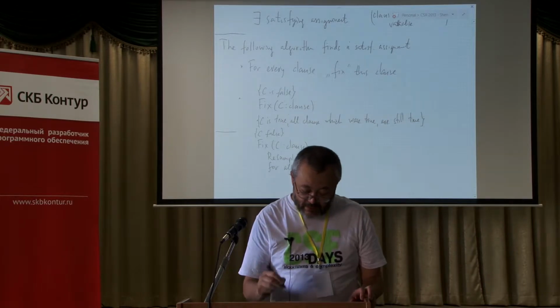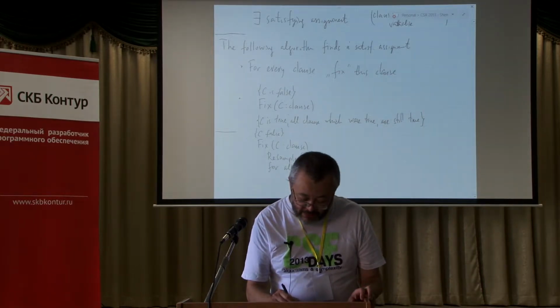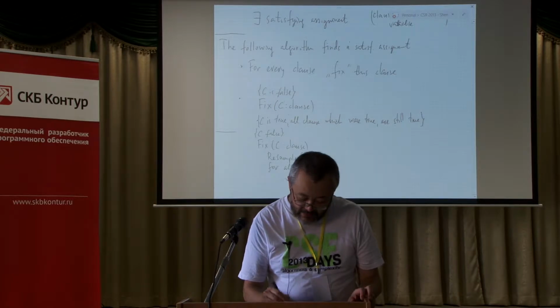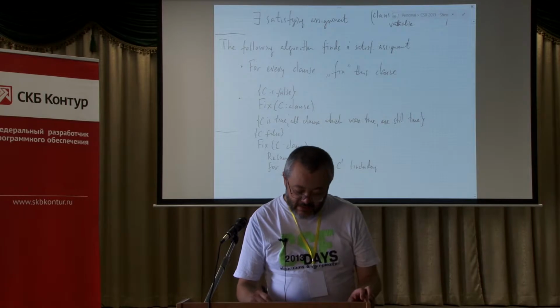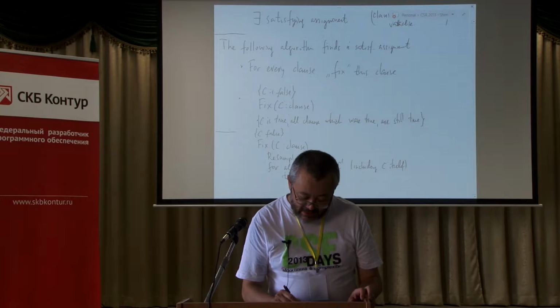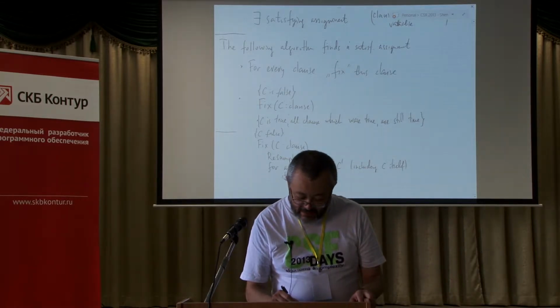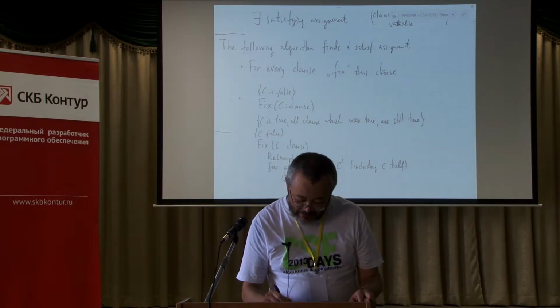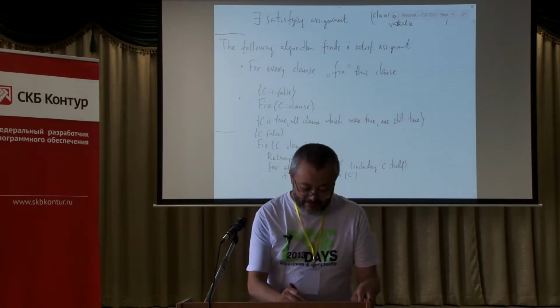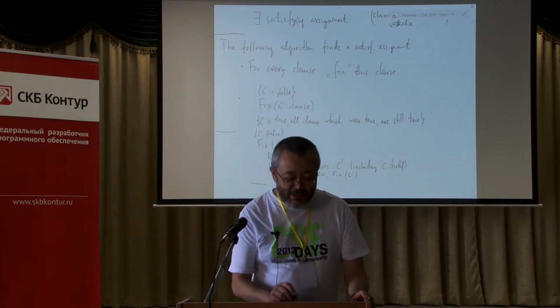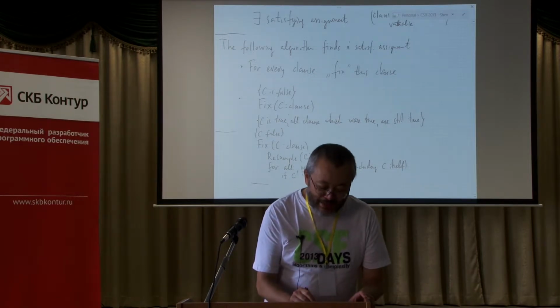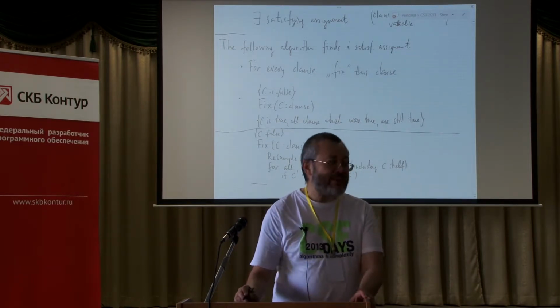So for all neighbors C prime, including C itself, if C prime is false, fix C prime. Yeah, actually, now I see that I was wrong when saying that our main algorithm was correct. There is some error.